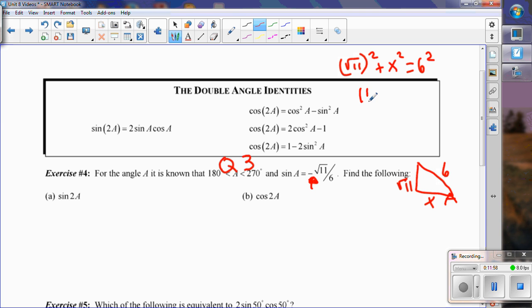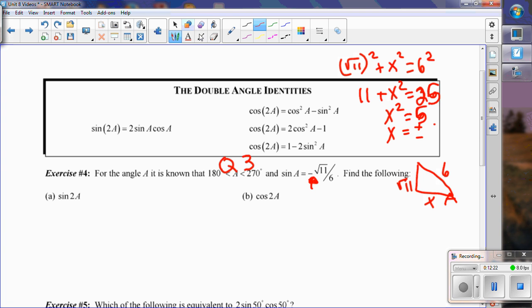Square root of 11 squared is just 11, plus x squared is equal to 36.